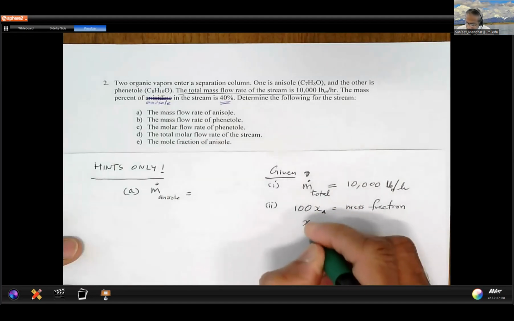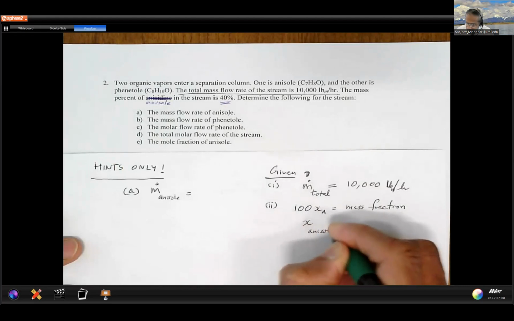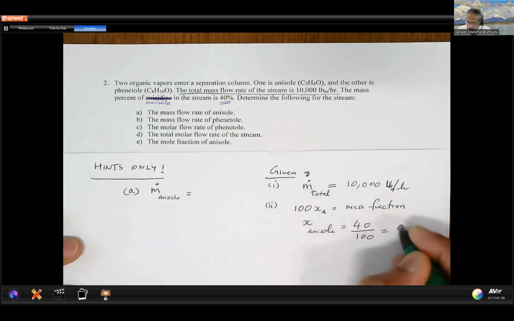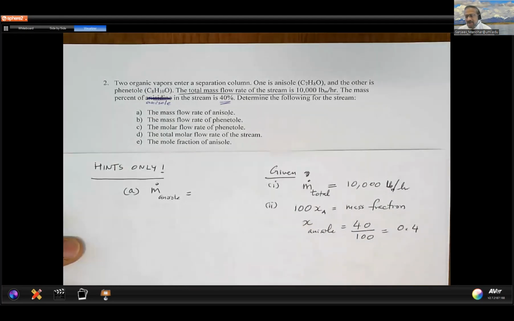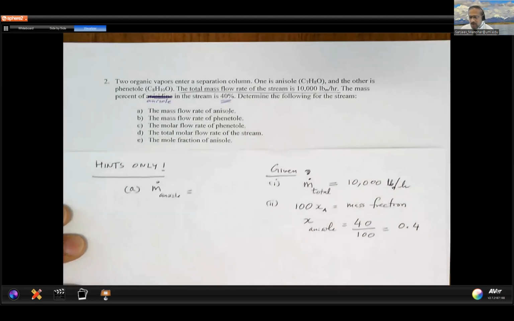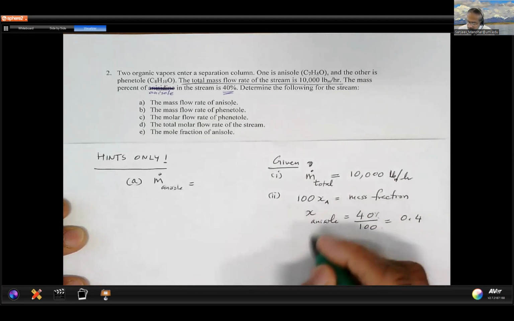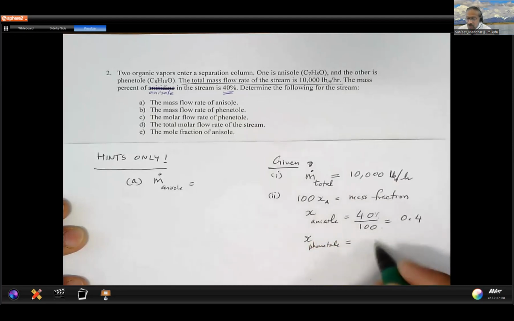So X anisole is 40 divided by 100, that is 0.4. That is given. Remember, it should all add up to 1, just as the percentages should all add up to 100%. So everything should add up to 1. Therefore, by inference, since there are only two compounds there, X-phenol is what?